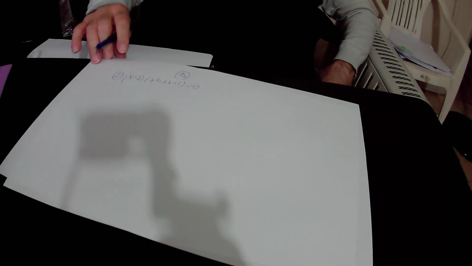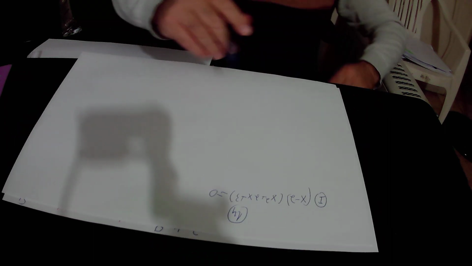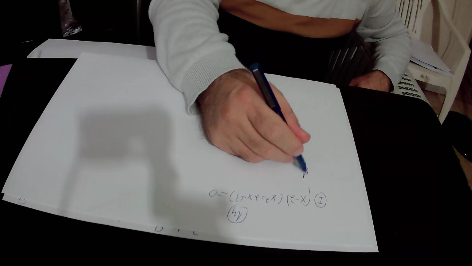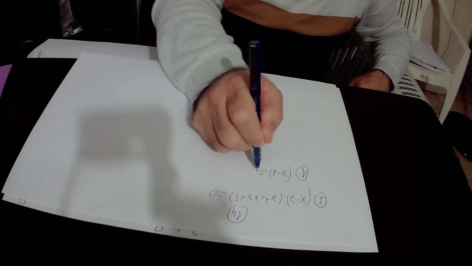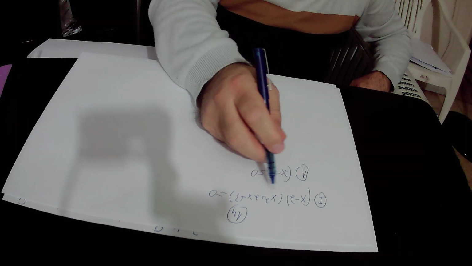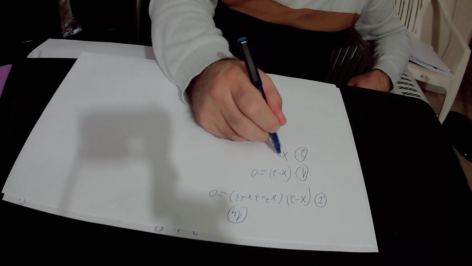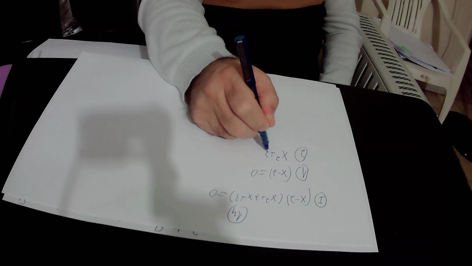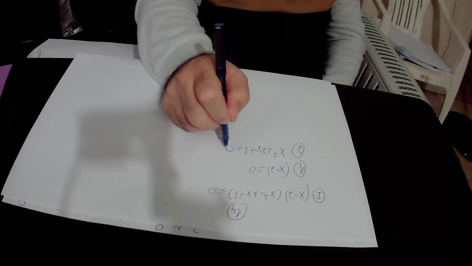So we will write down those 2 possible solutions to equation number 1. The first solution is that x minus 2 equals 0, and the second solution to this equation number 1 is the quadratic equation x squared plus 2x plus 3 equals 0.